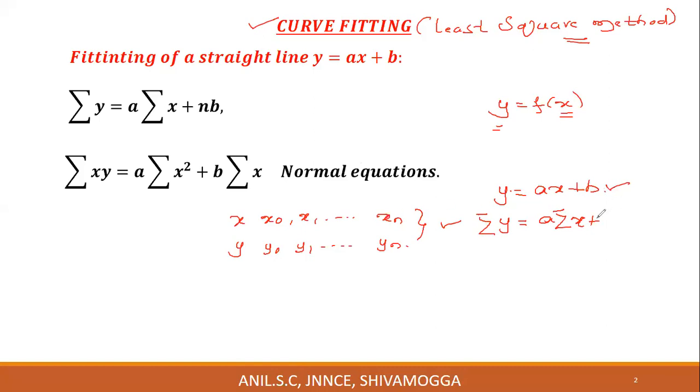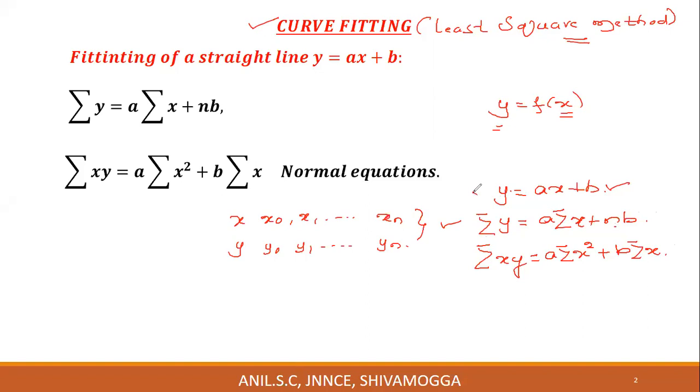Therefore, we multiply this by n. N into b. N is the number of set of values specified. Summation y is equal to a into summation x plus n into b. Now multiply this throughout by x. We get xy is equal to a into summation x into x is x square plus, now remove this n, b into summation x.